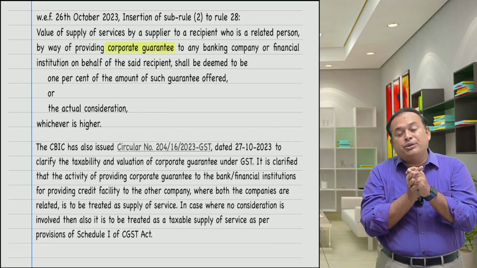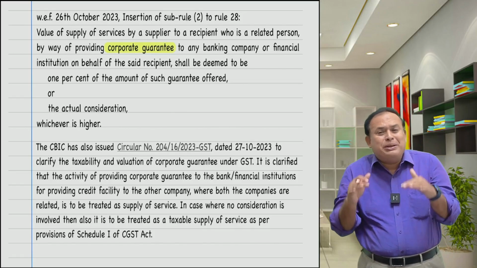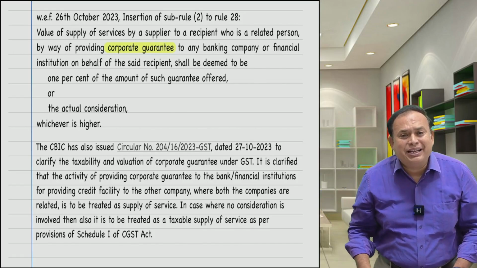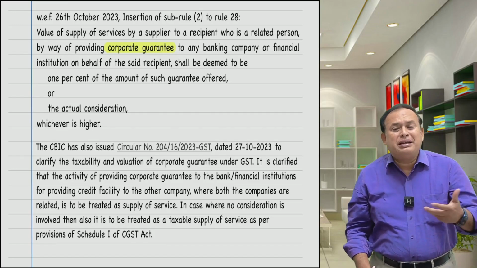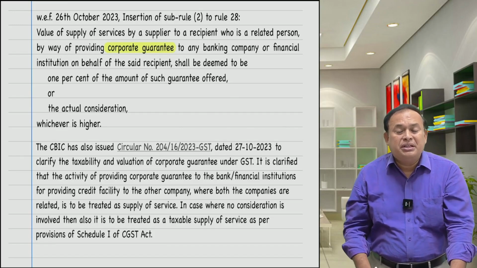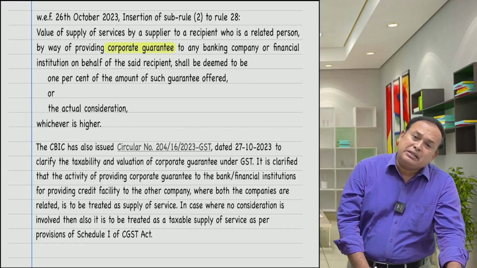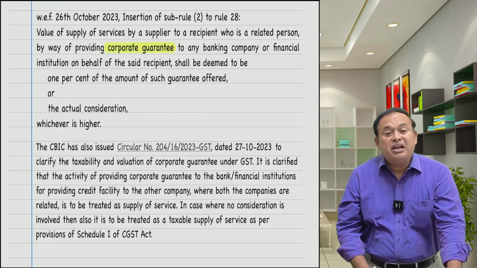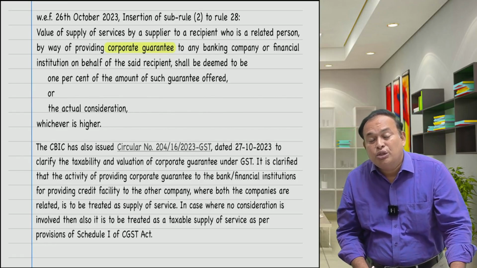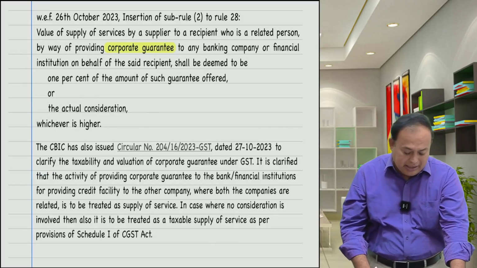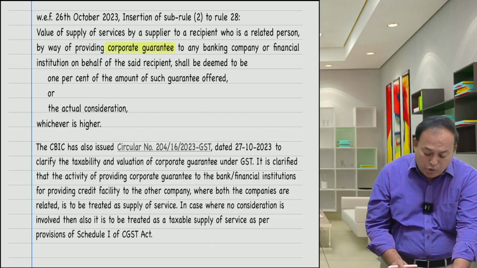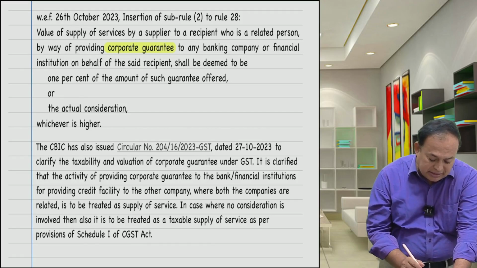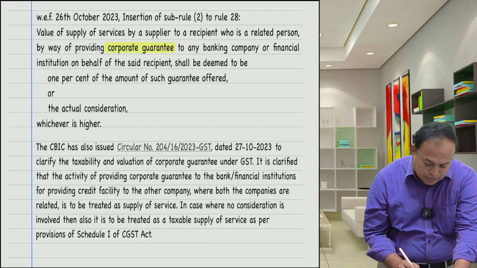Now coming to corporate companies providing corporate guarantee to their parent companies or related companies. In that case, consideration is allowed. In that case, how to arrive at the value to pay the GST? Here, straight away I am bringing to your notice, in a nutshell, the valuation is as follows.